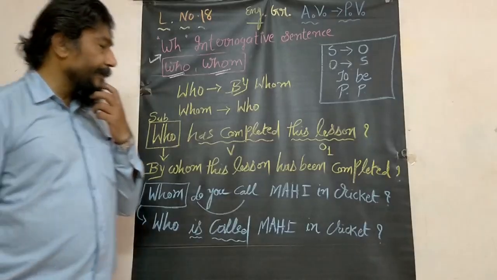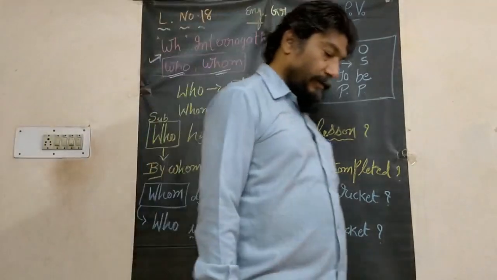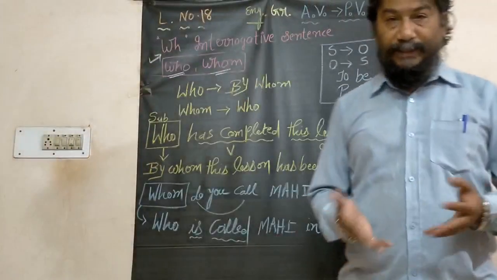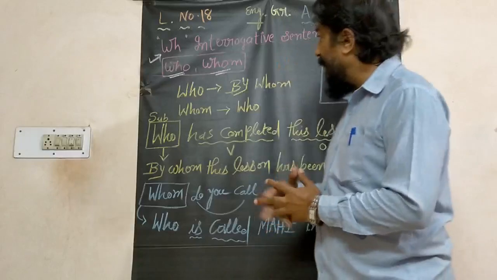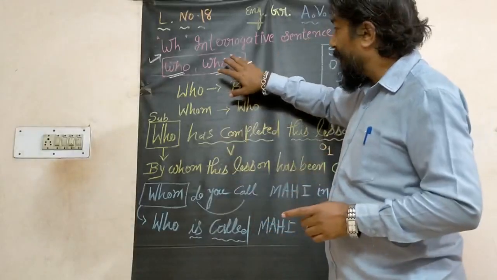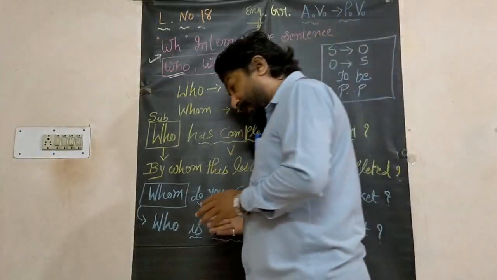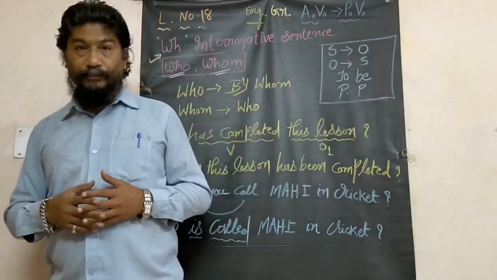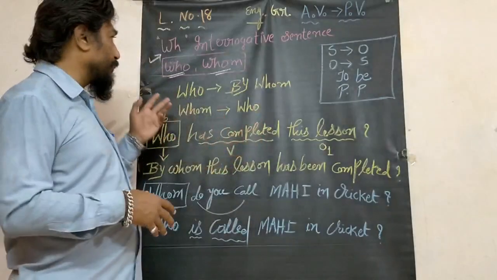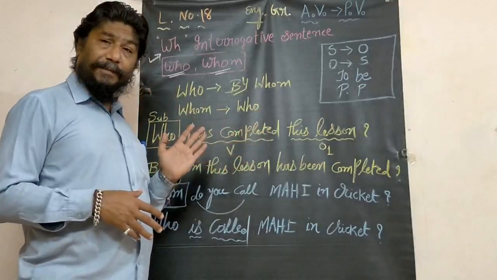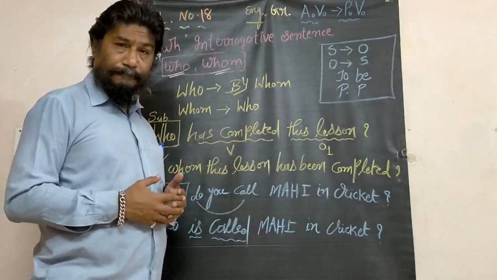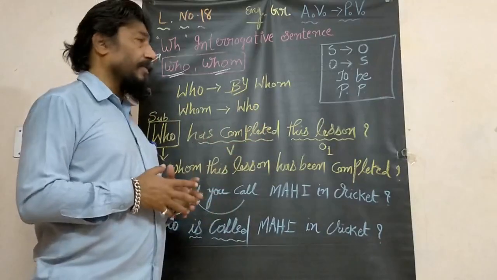Dear student friends, last time we had completed WH interrogative sentences, where I told you that we are not here with who and whom. Now we are here with who and whom. These two structures, especially in interrogative sentences, are much more important for you.